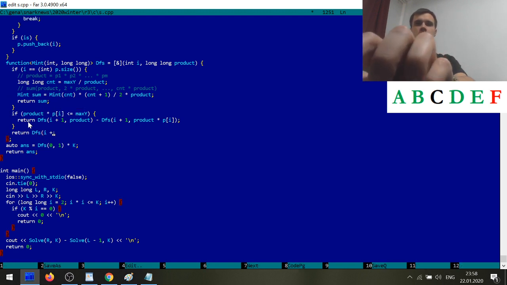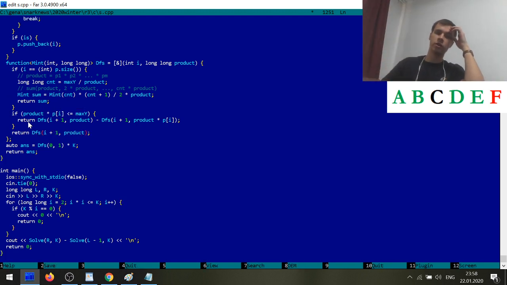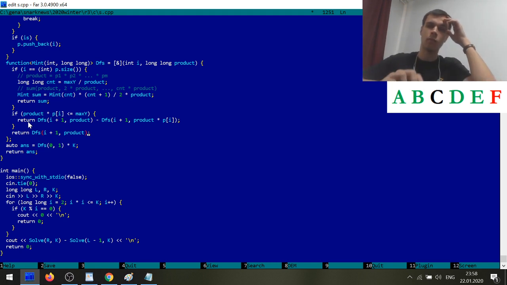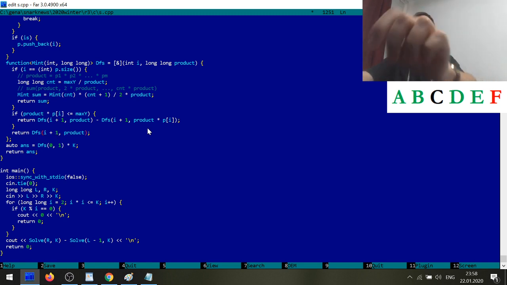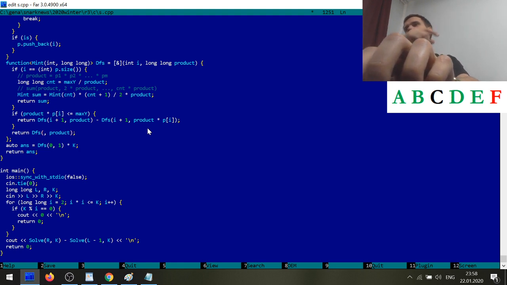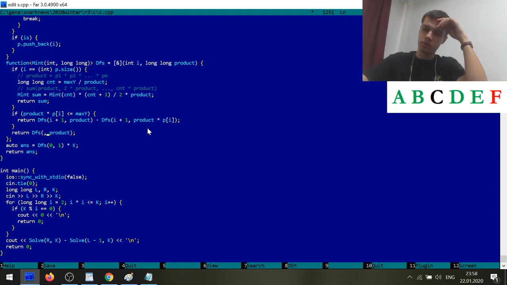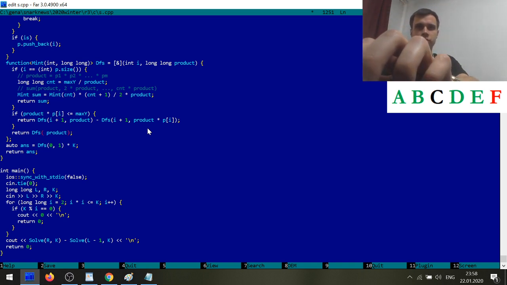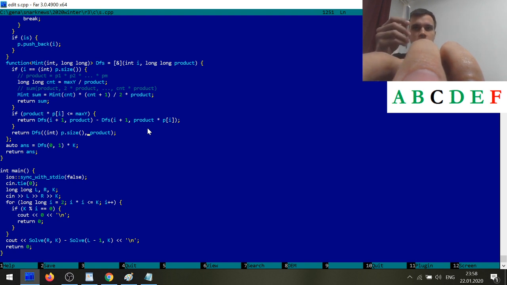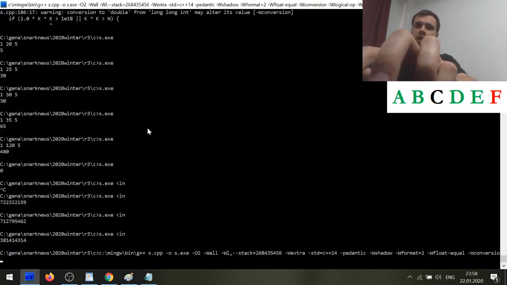That is equivalent to what my code does, right? So if product times the next prime doesn't exceed max y, I just go to two different calls of DFS. But if it does exceed max y, I don't have to go to i plus 1 because the primes are sorted in increasing order. So I can just jump to the last position in my DFS. I can just skip all the remaining primes, because they're irrelevant.